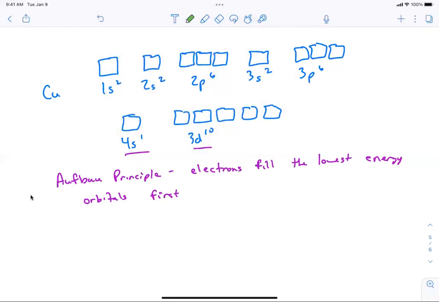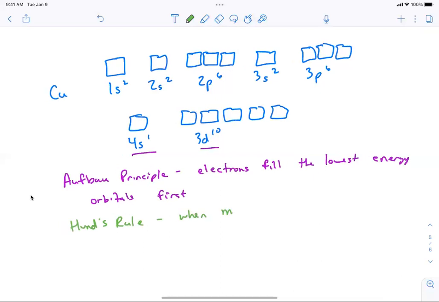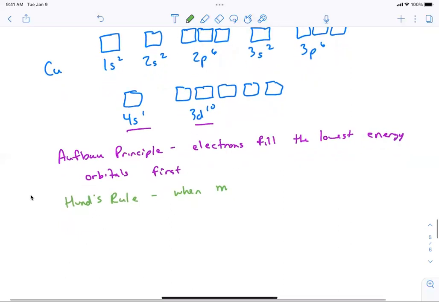That is the Aufbau principle. The second rule is Hund's rule, stating that, and I'm going to paraphrase this, there's not an exact definition you need, but I think this is the best way to describe it.